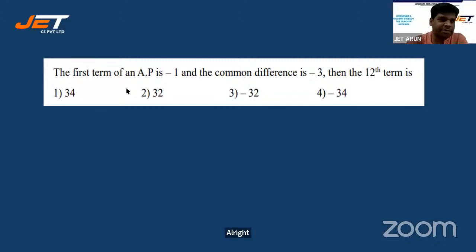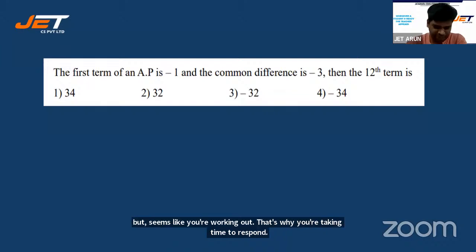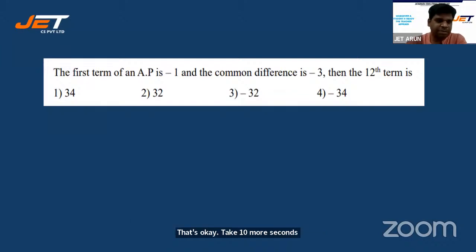Okay, Riya, Bhavna. All right, good. Seems like you're working out. That's why you're taking time to respond. That's okay. Take 10 more seconds. Yes, I'm now getting the responses. Good. Yes, Sharon, Pranati, good. Yes, -34 students. The 12th term is -34. Good, excellent.